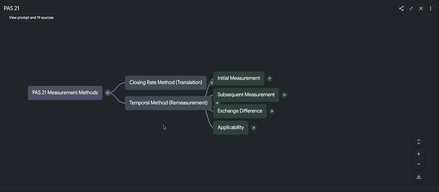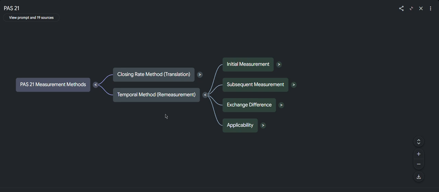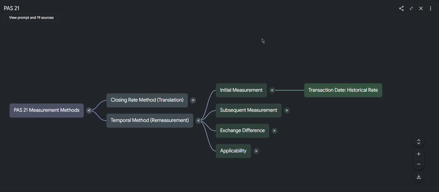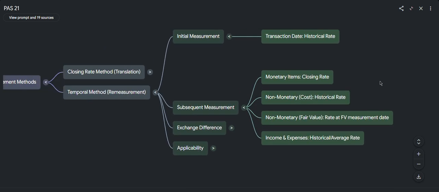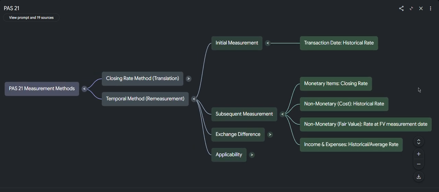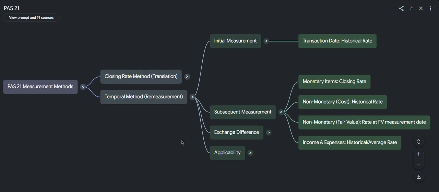Going back, proceeding to the temporal method or remeasurement. Its initial measurement is still historical rate, so it is the same as the closing rate method. However, this is the main difference: it's in its subsequent measurement. In its subsequent measurement, accordingly, it distinguishes monetary items and non-monetary items, so it sorts these assets and liabilities.